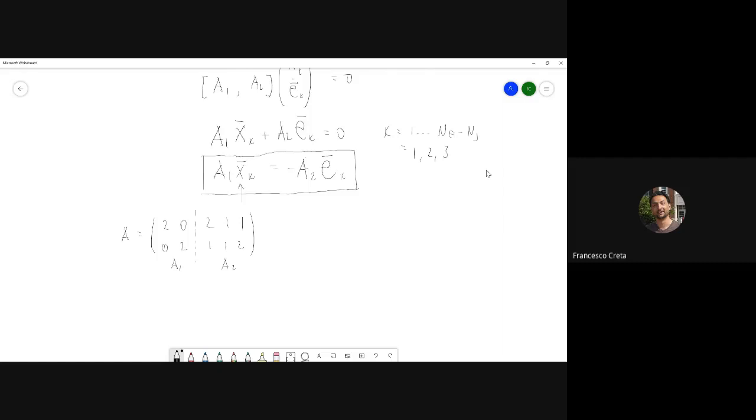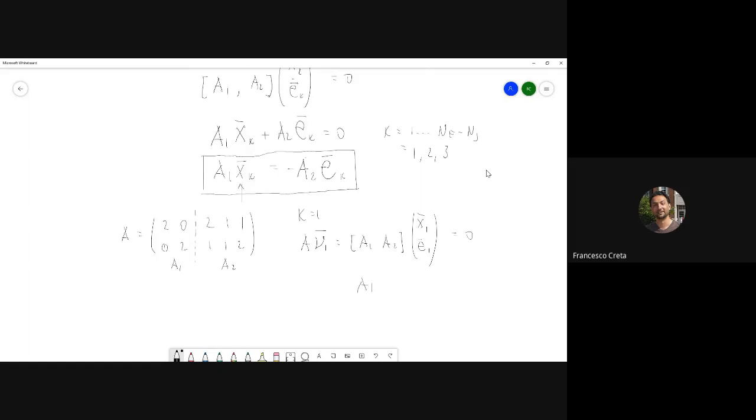For the first one, k equals 1, I have matrix A1 and A2 multiplying this vector here, x1, e1, which is equal to 0.